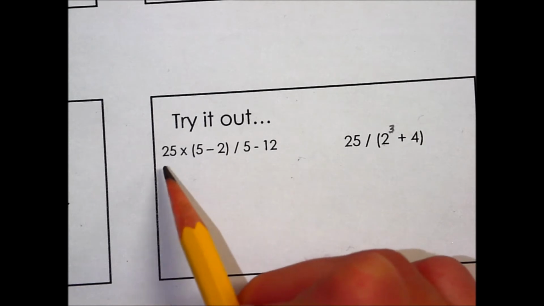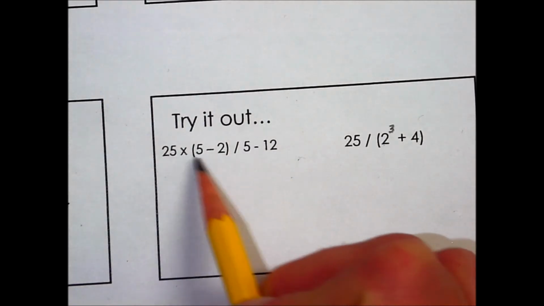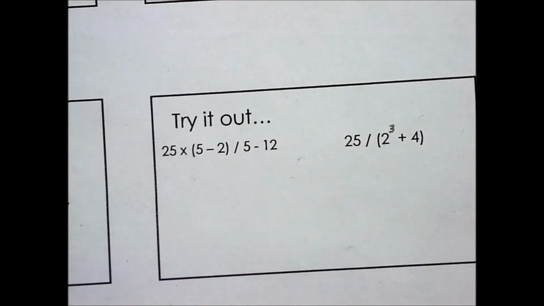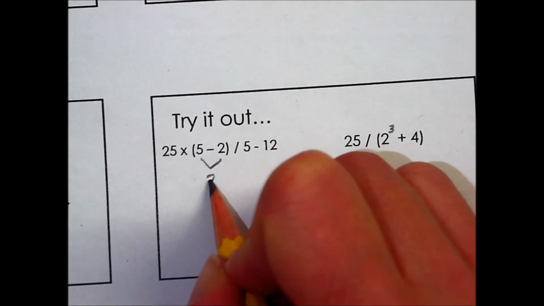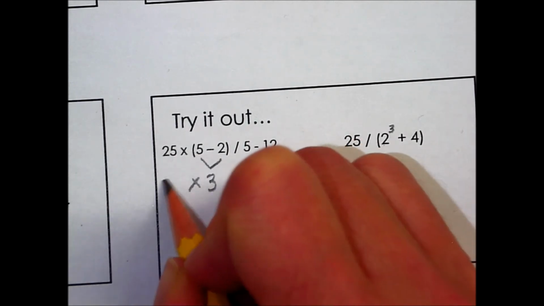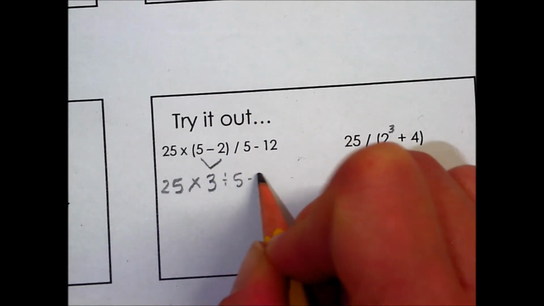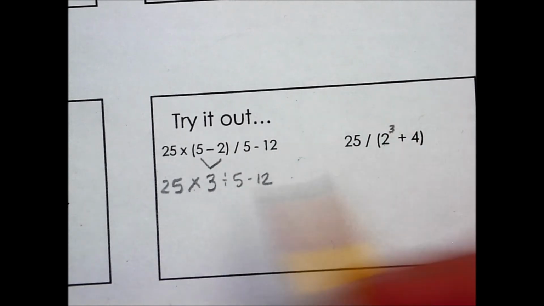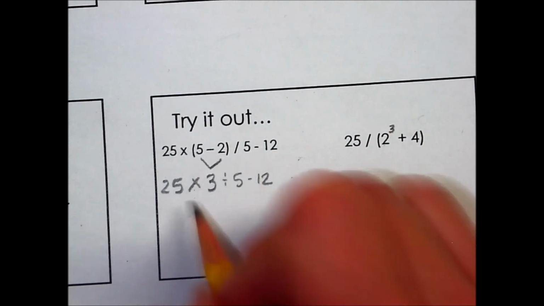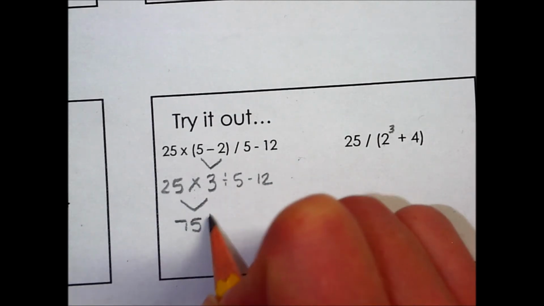Okay, on the first one, we look through the problem: multiply, parentheses, divide, and subtraction. So we start with our parentheses. 5 minus 2 is 3. Now we'll bring down everything else. Multiply, divide, and subtract, so we'll start with this multiply. 25 times 3 is 75.